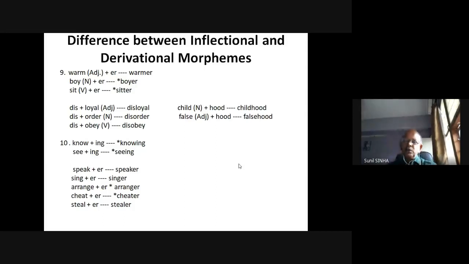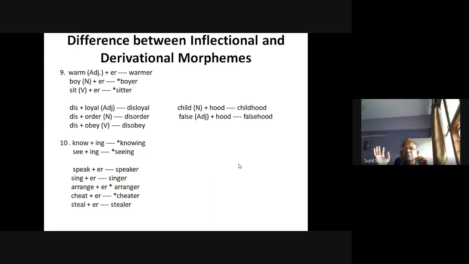Now let's come to the last one, the 10th. Now ing, it's an inflectional morpheme, right? And this inflectional morpheme can be added to almost all the verbs. Like you can say walk, walking, write, writing, look, looking, run, running, speak, speaking.